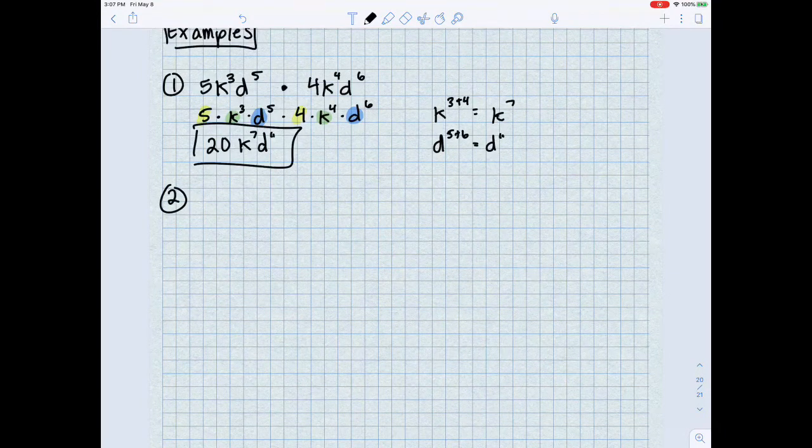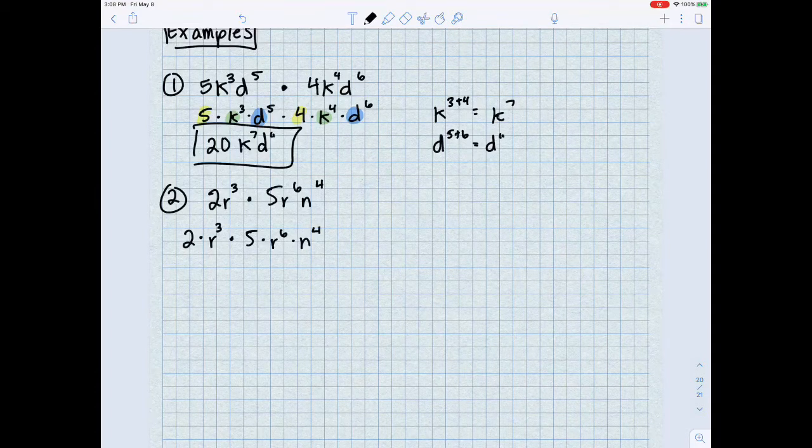What if I have something like this? I have 2r cubed times 5r to the 6th n to the 4th. Remember, all of this is just multiplication. 2 times r cubed times 5 times r to the 6th times n to the 4th. And because multiplication is commutative, we can really do anything we want here.